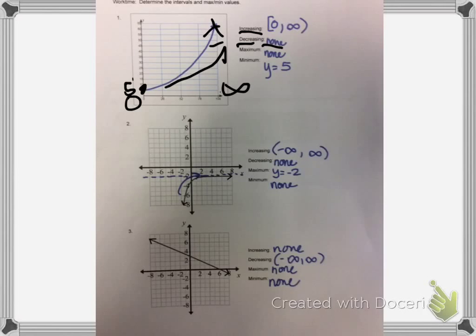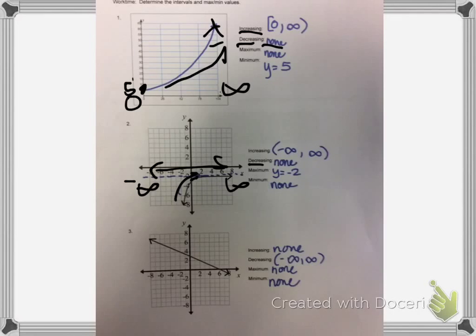Next one, notice our line's going up. So our line's going up from left to right here. So we have an increase of negative infinity to positive infinity. From left to right, it's increasing from negative infinity to positive infinity. Alright, now decreasing. Notice that our graph is not decreasing, it is going up.